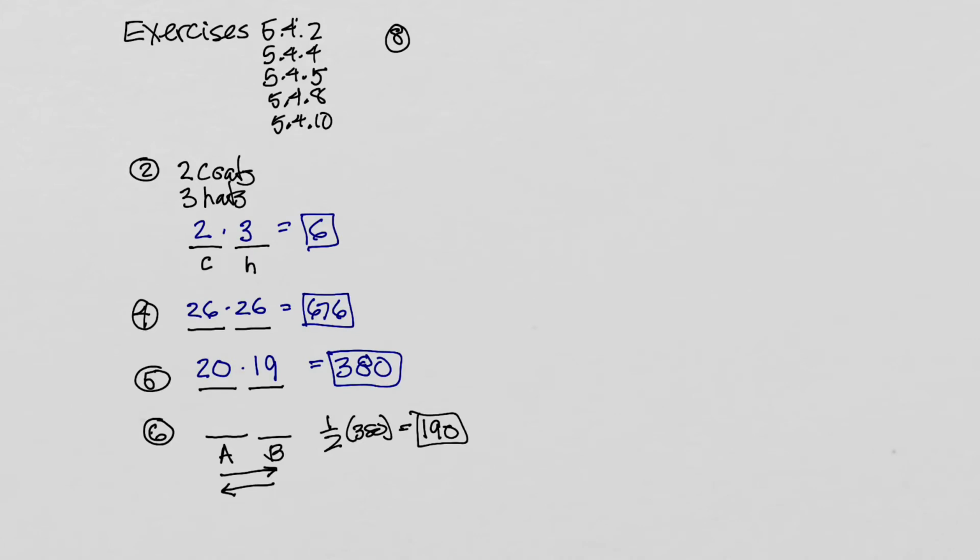And in problem number 8, we're asked how many license plates consisting of 2 letters. We've got a letter and a letter, and then 4 digits. So how many of these are possible? We're going to have 26 possible choices for the first space, 26 for the second. Those are our 2 letters. And then we've got our digits.